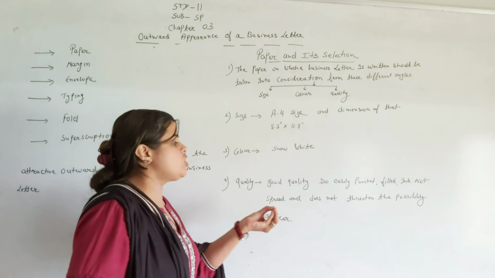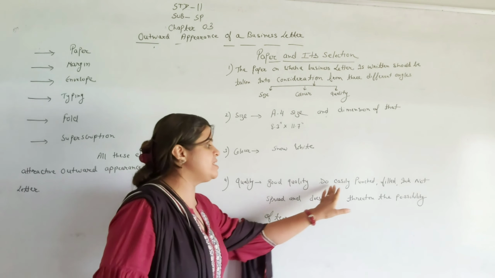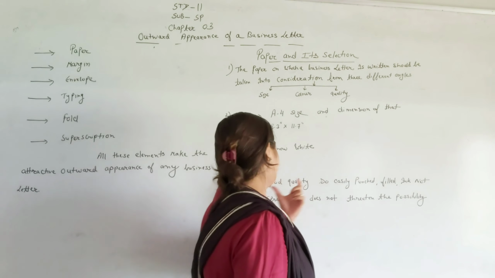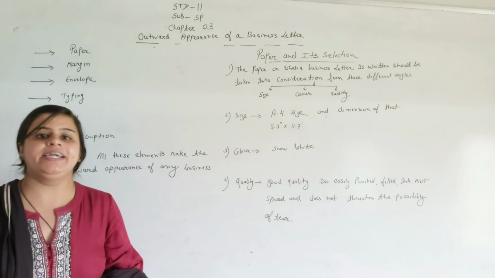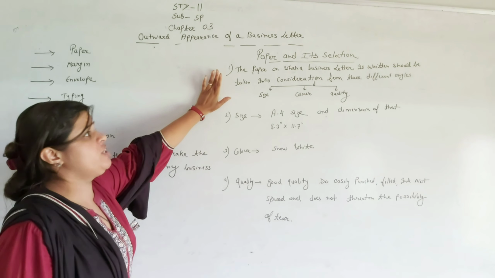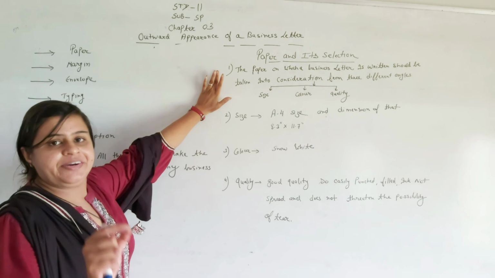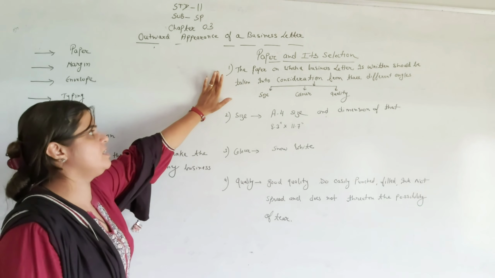So the paper should be thick and of good quality: easily punched and filed, ink not spreading, and no possibility of tearing. So when you are writing a business letter, your paper selection must be very wise.